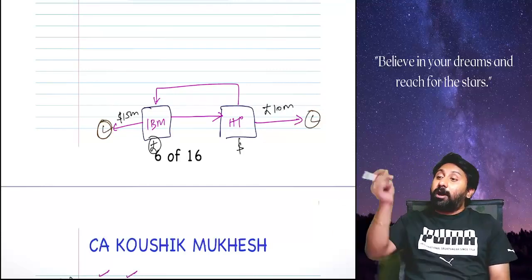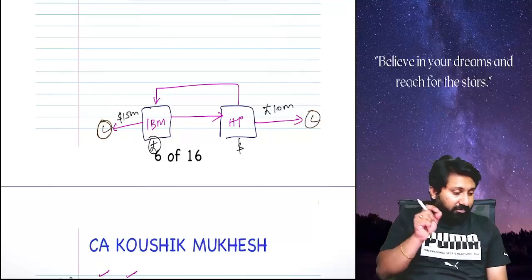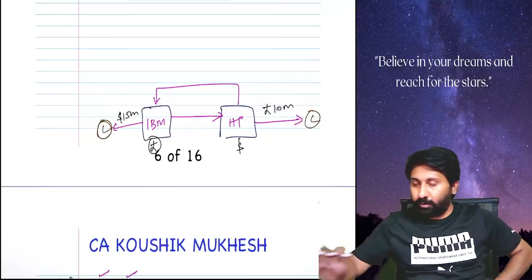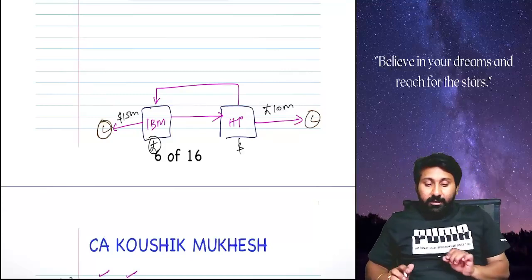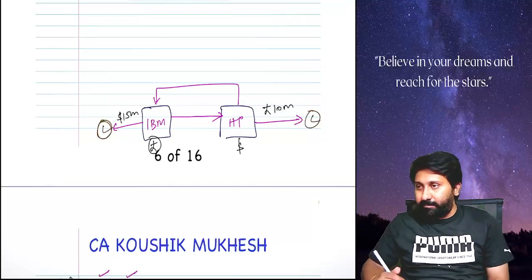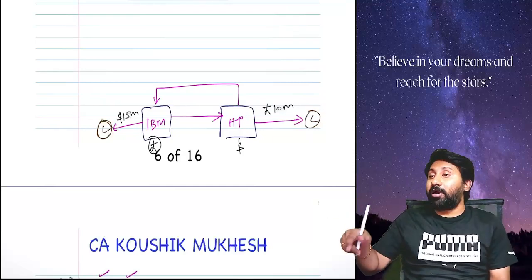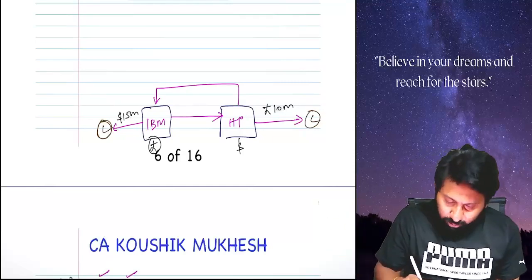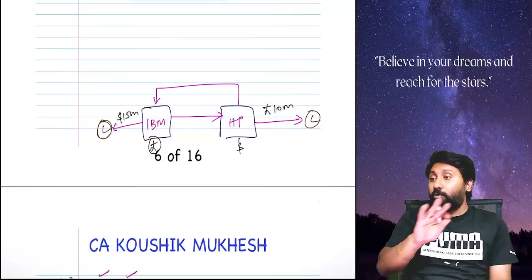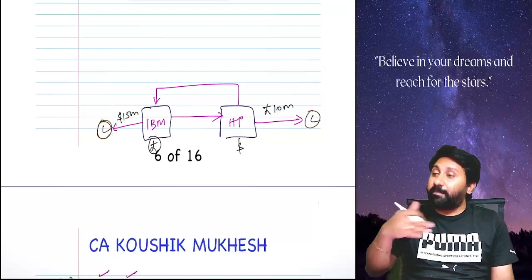They borrowed in opposite currencies. Now they are going for a swap arrangement. So IBM borrowed in dollars, which it doesn't want now. It wanted to swap. How swap works, I will tell you.